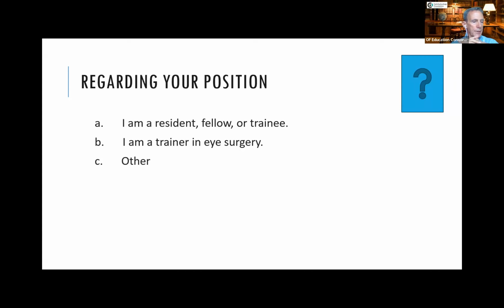So we have 39% that are fellows or trainees, 39% that are trainers in surgery, and 21% other that probably do not train residents in surgery, but probably yes in other topics.